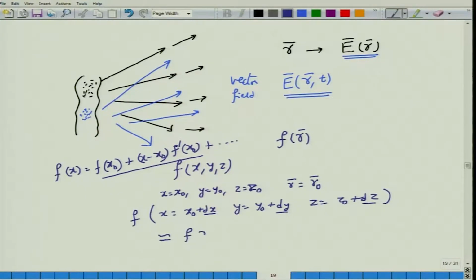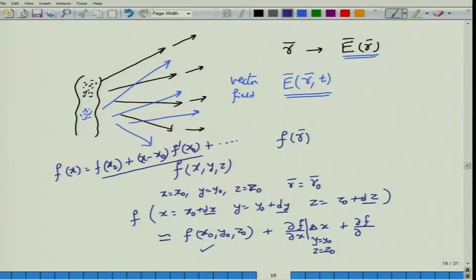This is given by f of x0, y0 and z0. This is something that I already know because that is the value that I have measured and that is available with me. So, this plus the partial derivative of f with respect to x multiplied by the change delta x itself. When you evaluate this partial derivative, you have to assume of course that y is y naught, z is z naught. And then you have the other contribution because of the change in the y direction.